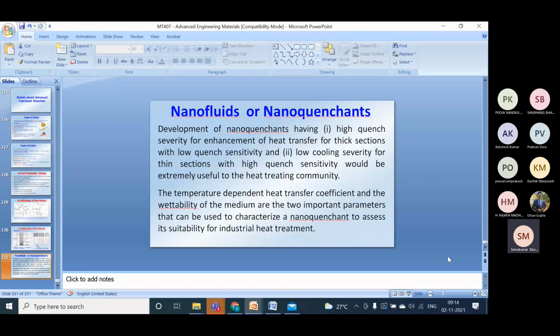Because when you mix polymer with water, they'll start to bind with your substrate. So that is also very important. I mean, wettability. It should not bind to the surface of your metal-based product. The temperature dependent heat transfer coefficient and the wettability of the medium are two important parameters that can be used to characterize the nanoquenchant to assess the suitability for industrial heat treatment.